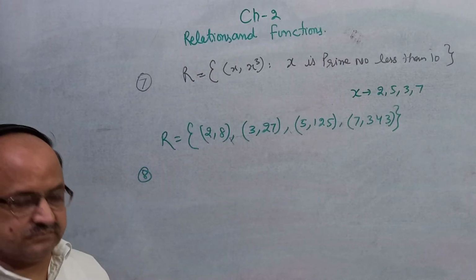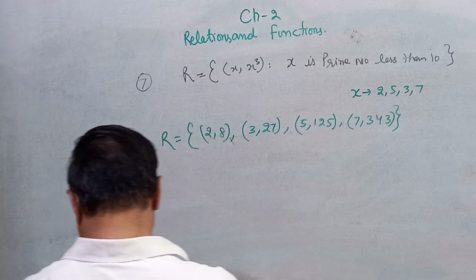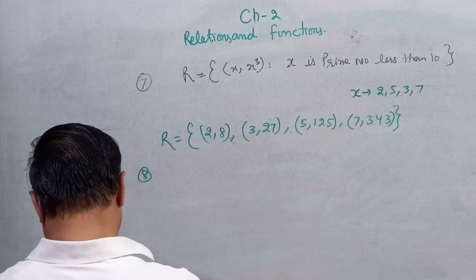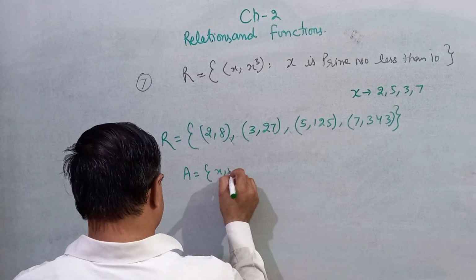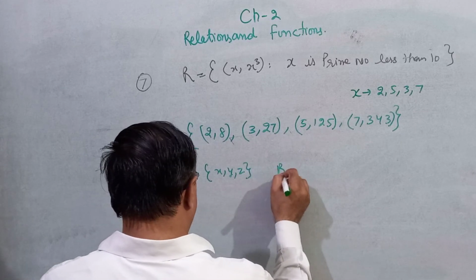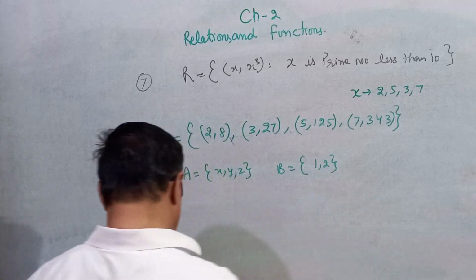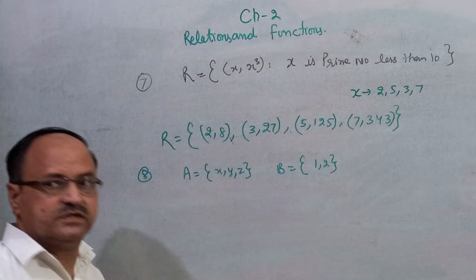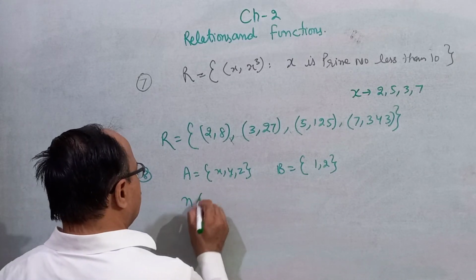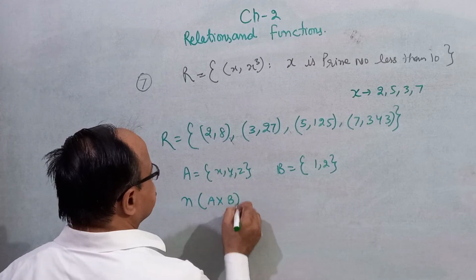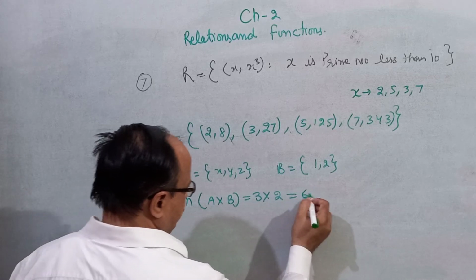Question number 8. In this question, set A is given as {x, y, z} and set B is given as {1, 2}. Find the number of relations from set A to set B. Firstly, tell me the number of elements in A cross B. That is 3 into 2, which is 6.